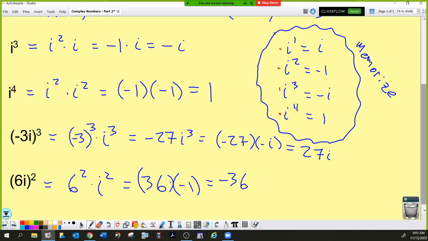Okay, good. Well, it's a real number. So what Lewis has noticed is that anytime the exponent is even, the result is a real number, either positive or negative 1. And anytime the exponent is odd, the result is imaginary, either positive or negative. Yes, that holds true every single time.